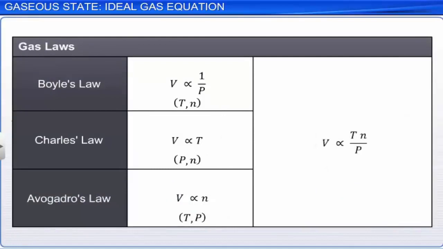However, when we introduce a constant of proportionality, R, then the equation can be written as V is equal to R into N into T divided by P. Here, R is known as the universal gas constant.